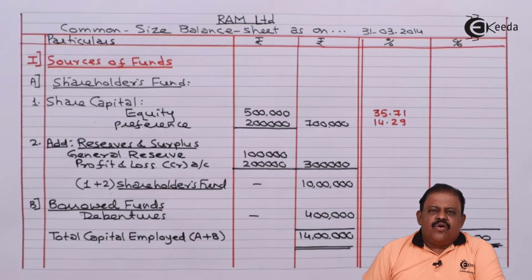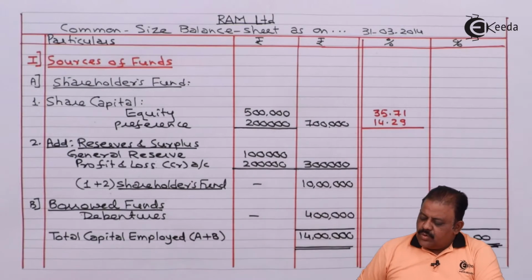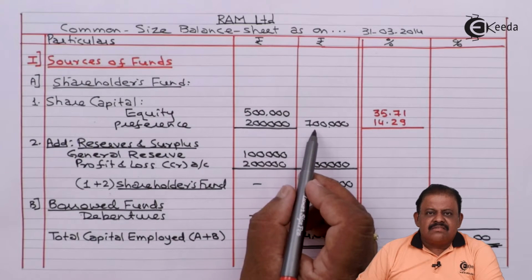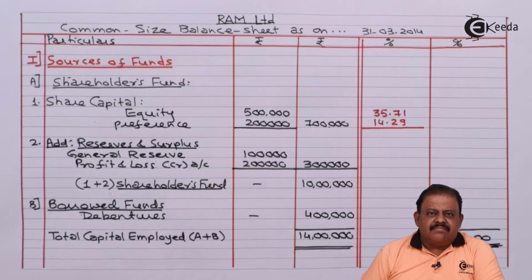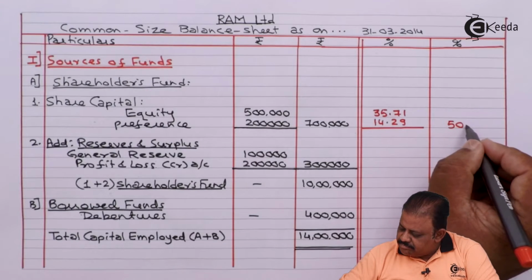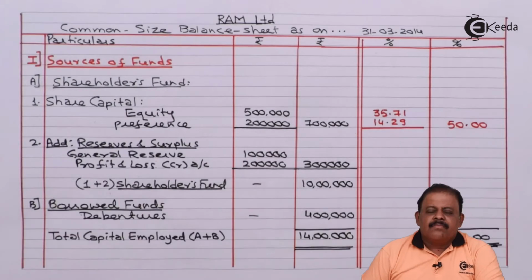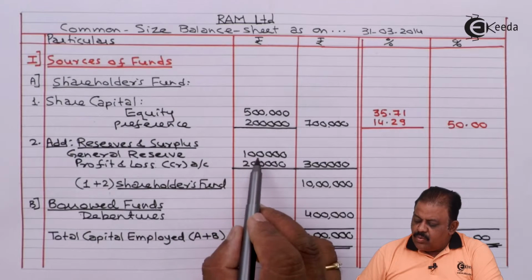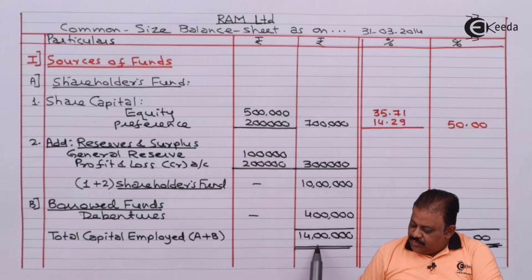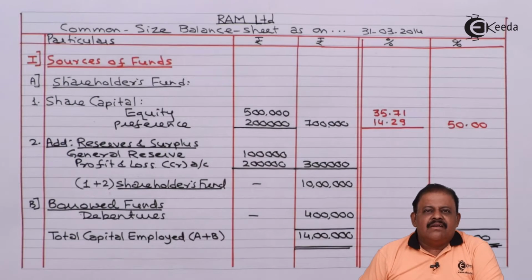It is 14.29%. Total share capital 7 lakhs divided by 14 lakhs multiplied by 100, it is 50%.